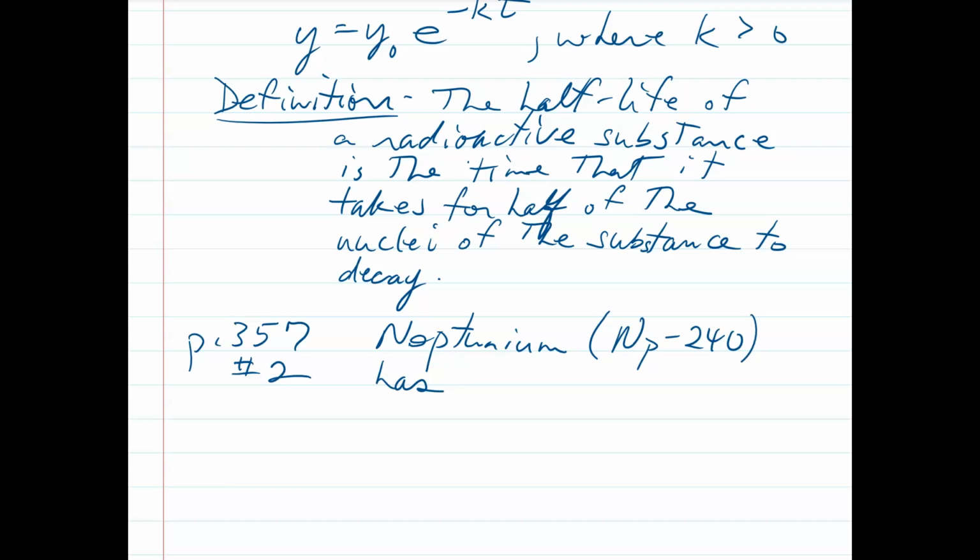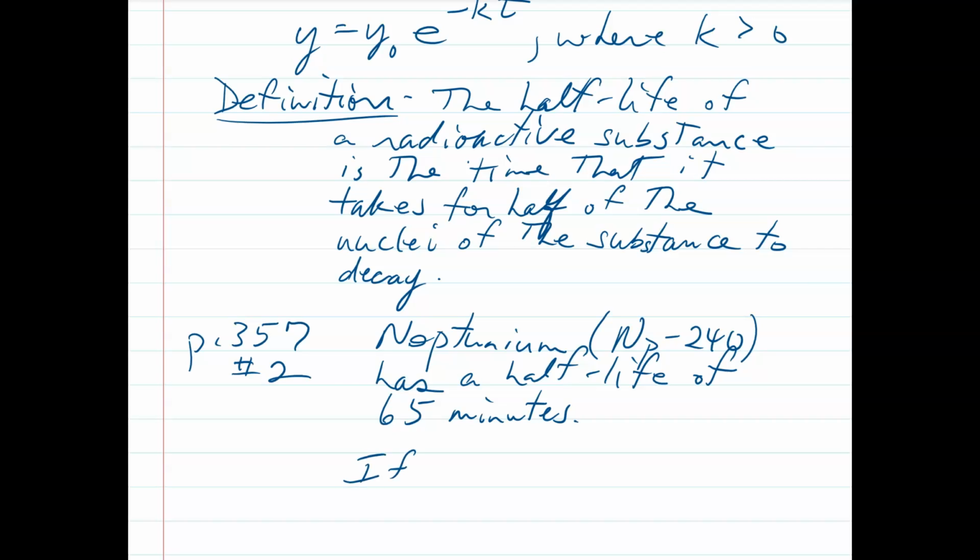So neptunium has a half-life of 65 minutes, a little bit over an hour. A very short half-life.